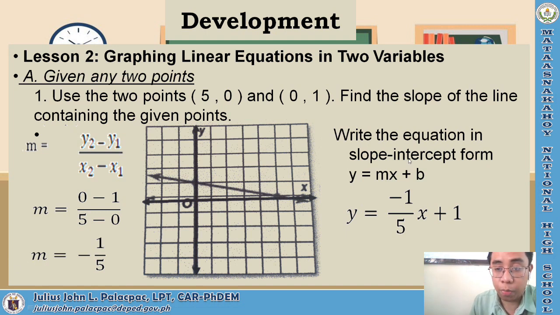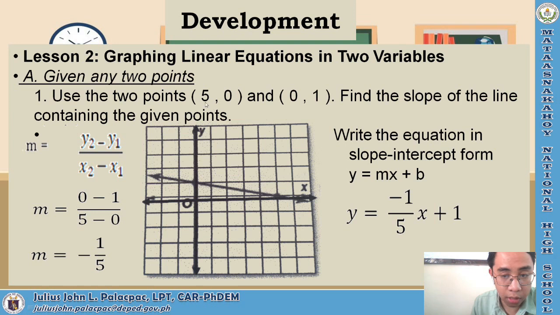Write the equation in slope-intercept form. y is equal to mx plus b. So the slope is negative 1/5, so y is equal to negative 1/5 x plus 1, because we are looking at a point here. So let's see.